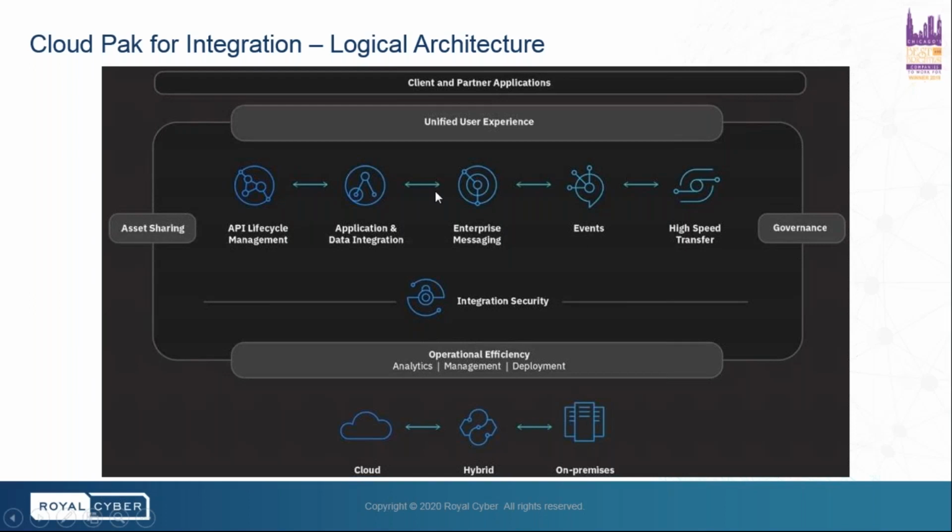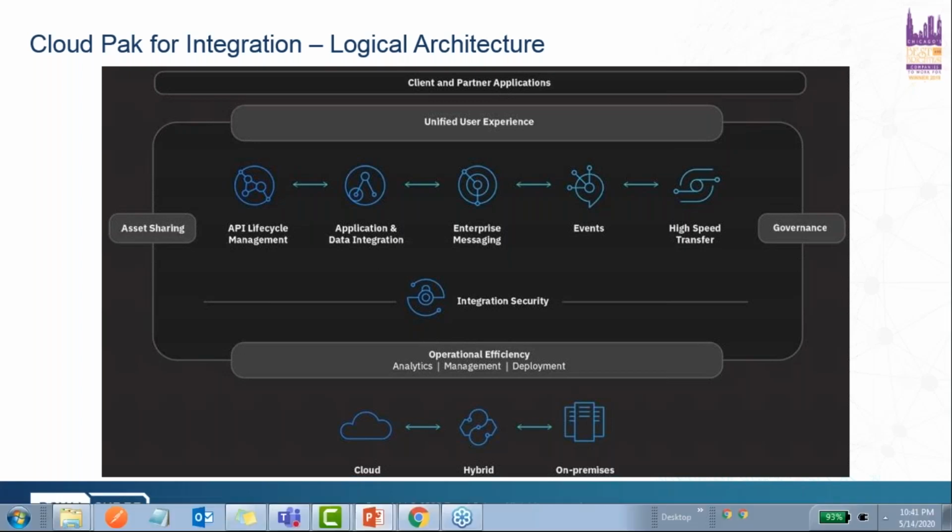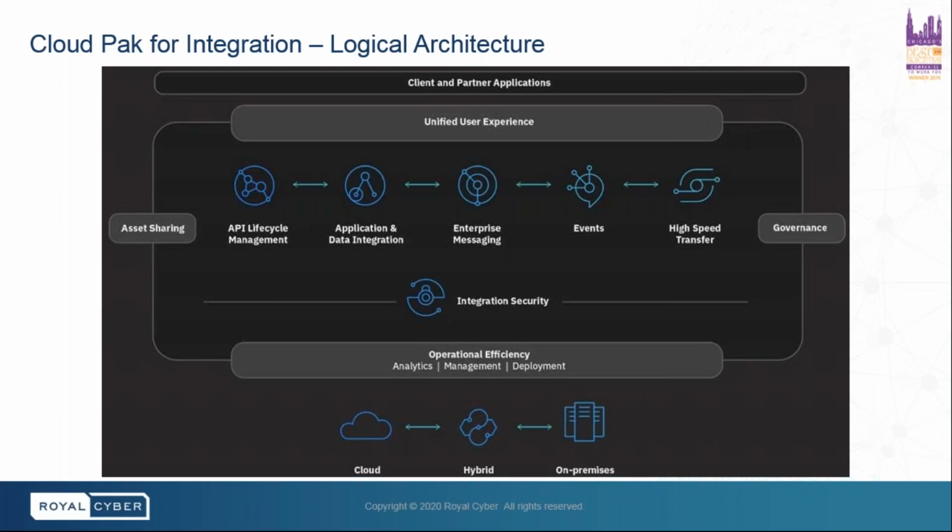And we have messaging and events, which deliver messages reliably with enterprise-grade messaging. And data integration for understanding, cleansing, transforming, and delivering quality data. High-speed transfer for super fast and secure data transport across any cloud. And also it supports secure access to control access to vital resources wherever they are.